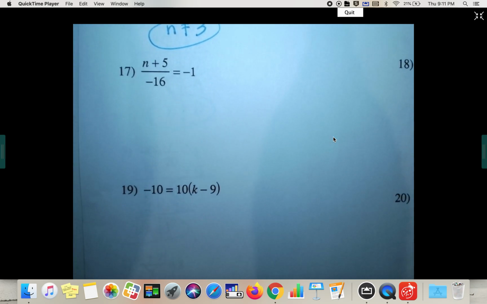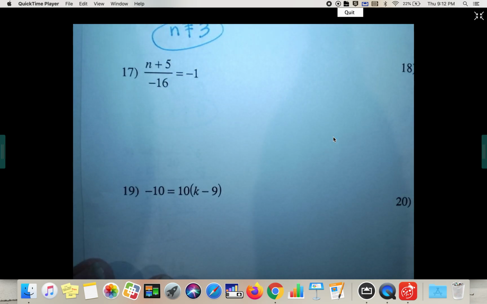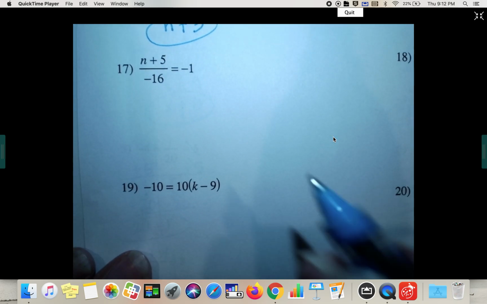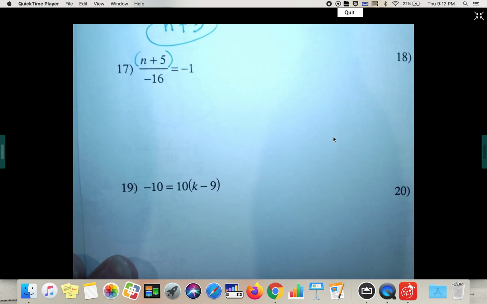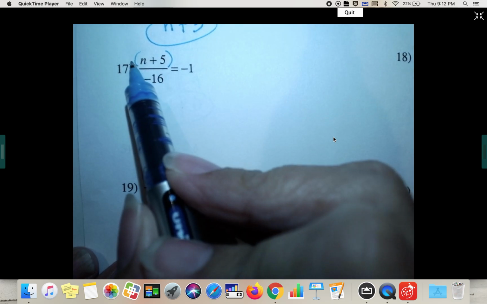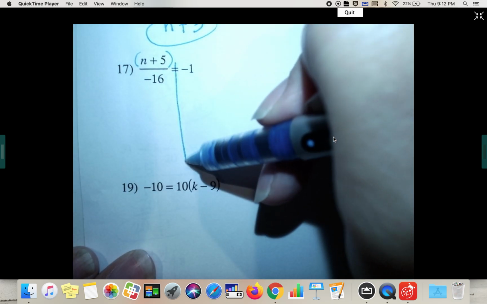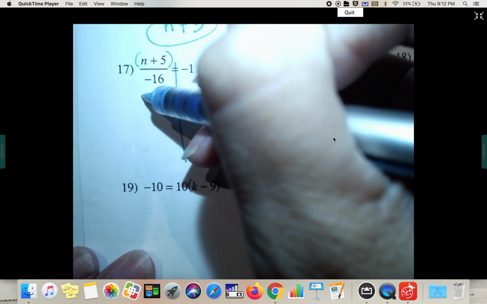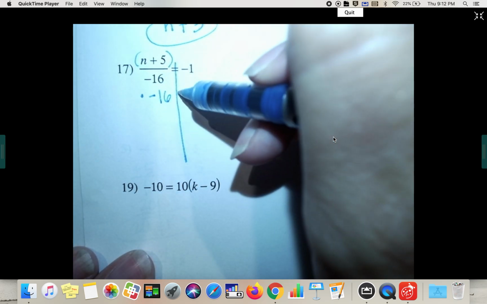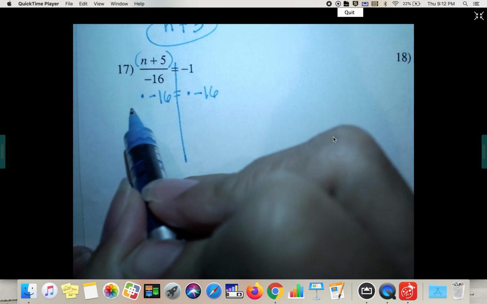All right, number 17, we've got that grouping again. So anytime it's a group on top or bottom of a fraction, pretend like it's got invisible parentheses and keep it together till the last step. So the whole thing is being divided by negative 16, so you are going to multiply by negative 16. Multiply by negative 16 on both sides.